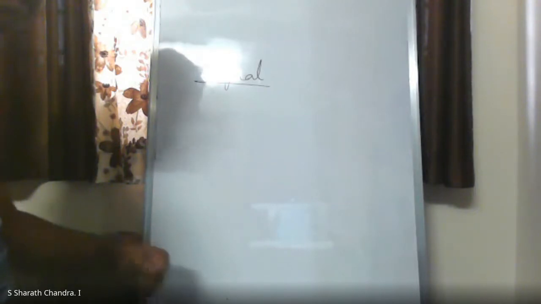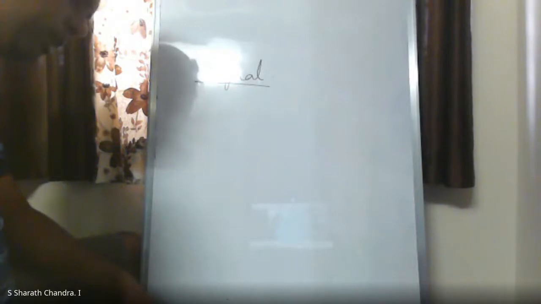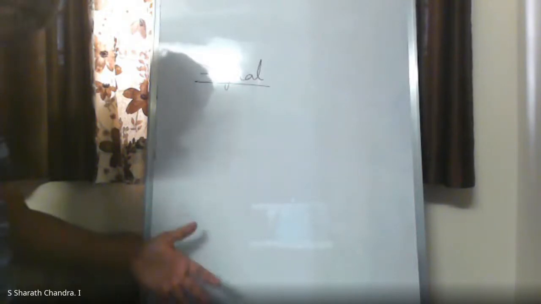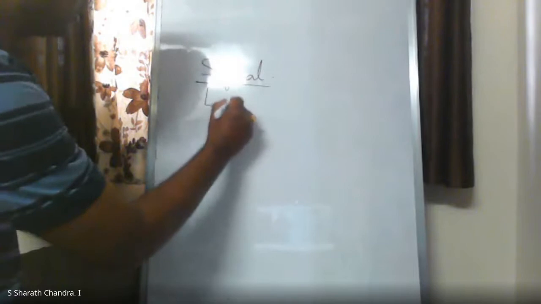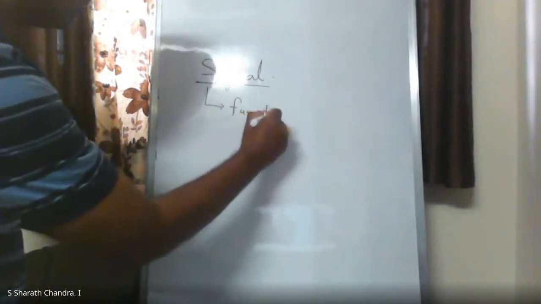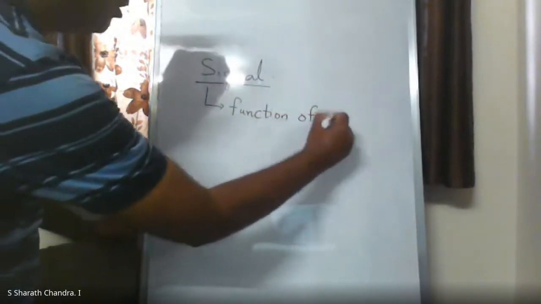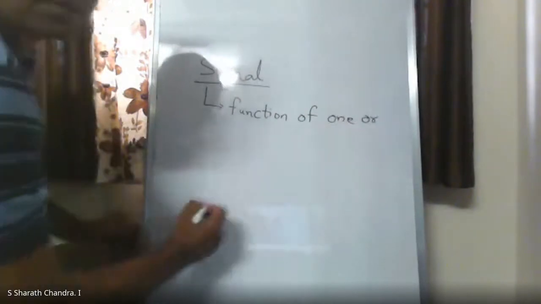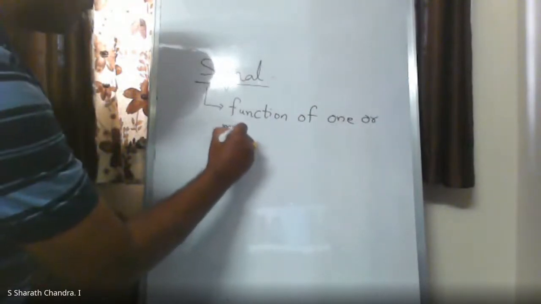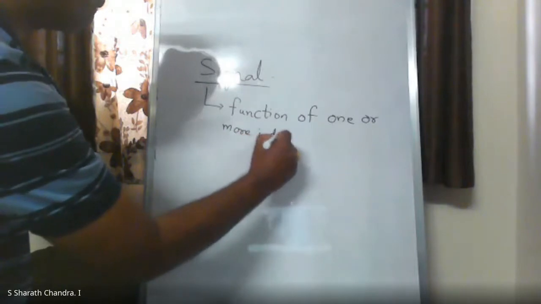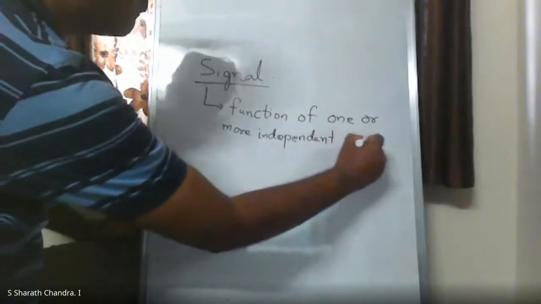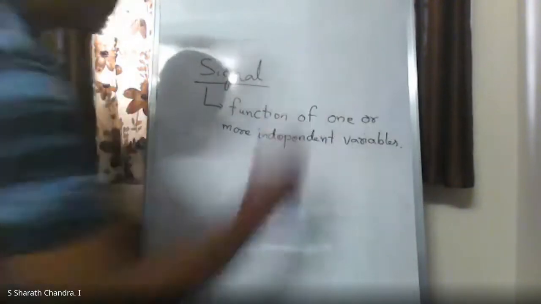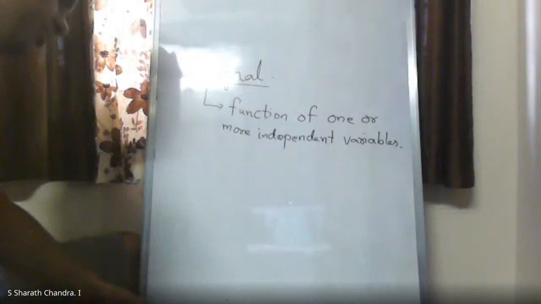a signal as a physical quantity. In a mathematical sense, a signal can be defined as a function of one or more independent variables.